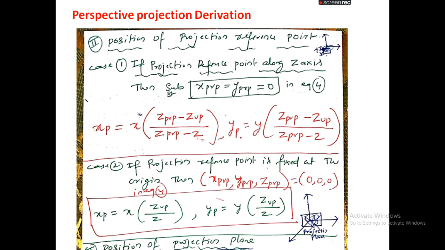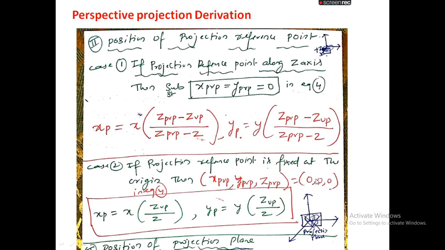Case 2 says that if the projection reference point is fixed at the origin, if you place the projection reference point at the origin of the world coordinates of the object, then x projection reference point, y projection reference point, z projection reference point will become 0.